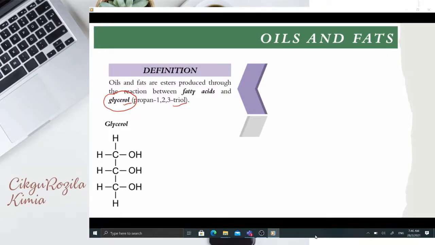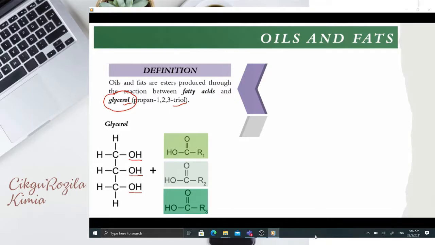Glycerol consists of 3 hydroxyl groups reacted with fatty acids. We need 3 fatty acids to react with glycerol because each fatty acid will react with each hydroxyl group from glycerol.